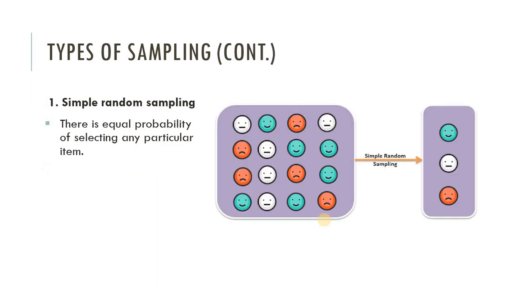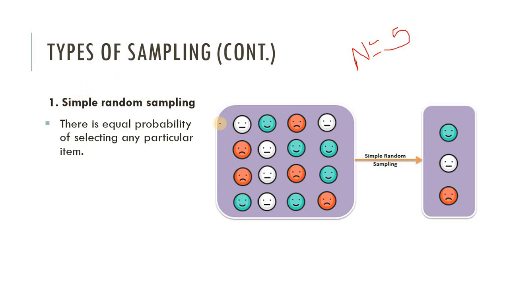In simple random sampling, there is an equal probability of selecting any particular item. Suppose this is a whole data set. First we define the size of the sample. Suppose the size is 3, so we choose 3 random samples from the data set. Suppose we have a data set of size n equals 5, with samples 1, 2, 3, 4, and 5.